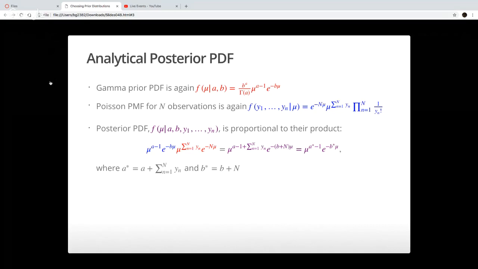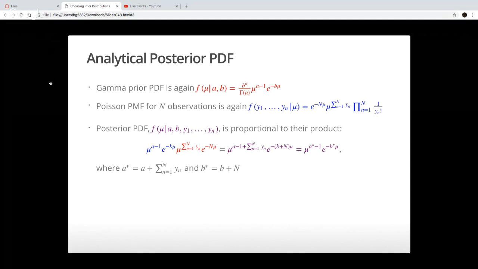I'm also going to ignore the constants in the prior, which is B to the A divided by gamma of A, and the constants in the likelihood, which is the product of 1 over the factorial for each of the data points. If I'd kept those terms in the numerator, then when I perform the integral over the numerator and divide by whatever that is in the denominator, the constants are going to cancel out anyway.